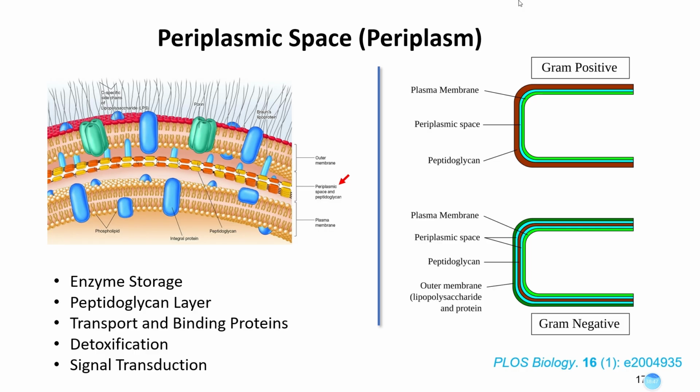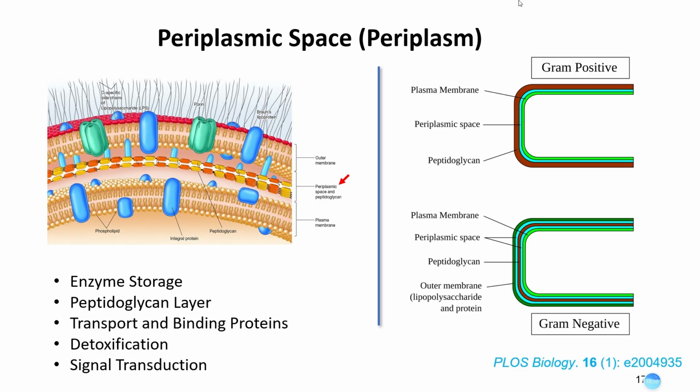And you can see the peptidoglycan in the space. And that's for gram-negative bacteria. For gram-positive bacteria, for a long time, people didn't know there was a periplasmic space. But in recent years, you can find some papers reporting the presence of periplasmic space in gram-positive bacteria.